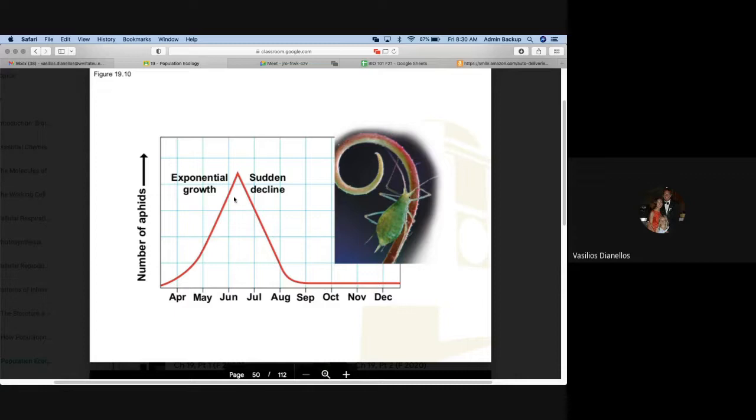Right, almost 100% of that population is dead. Doesn't matter how many aphids there are per, I don't know, square meter. The fact is something happened right here in mid-June that's killing nearly 100% of the population. So, any questions about this?